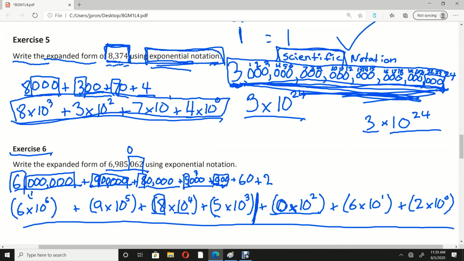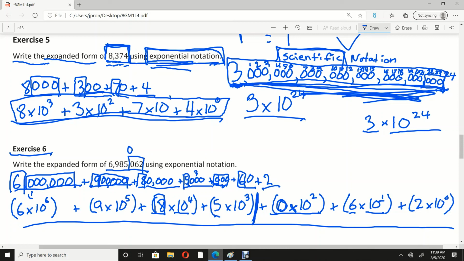That's fine. We did it. If you didn't add that, that's fine. 60 is straightforward. 6 is your first number. You're multiplying it times 10, and you want to put to the first power here, but if you didn't, you're not wrong. But then we get to 2 again. 2 is being multiplied times 10 to the 0th power. Fantastic. If you put just 2 there, it's fine, because you could have just had plus 2, and that also would have been correct.